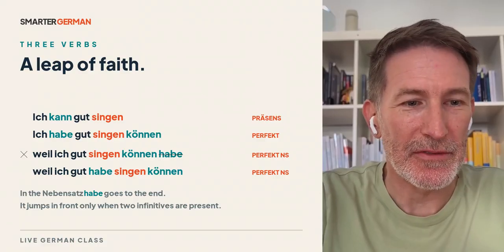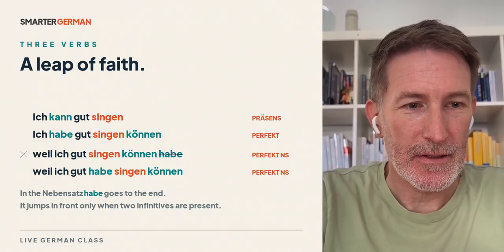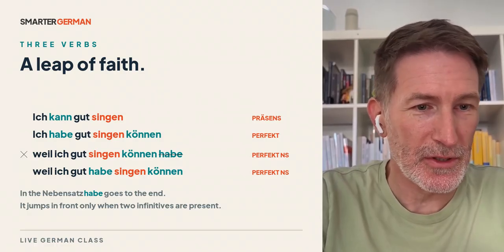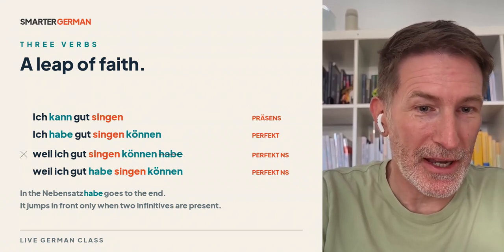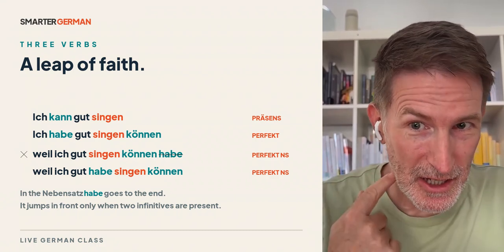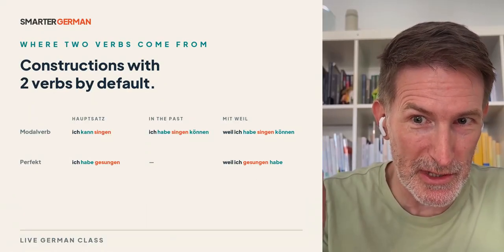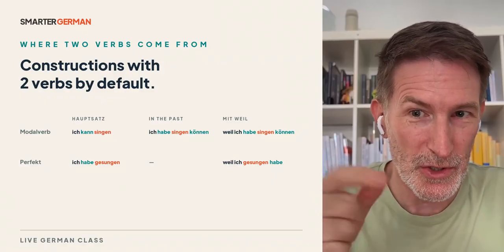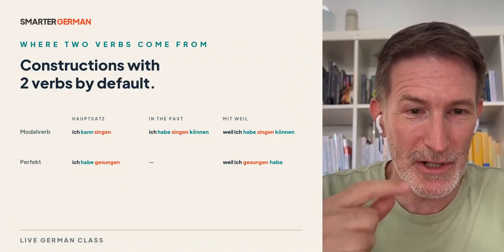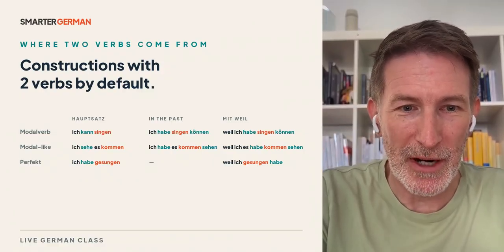And what else do we have? Ich sehe es kommen. You have modal verb like verbs. Like I see it coming. In English, you have the same. You can use see with another verb. Normally, you cannot say I buy it coming or I walk it coming. So I hear you coming. I see you coming. So these verbs of perception operate like modal verb like verbs.